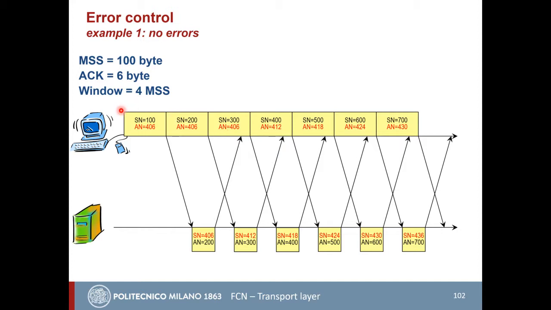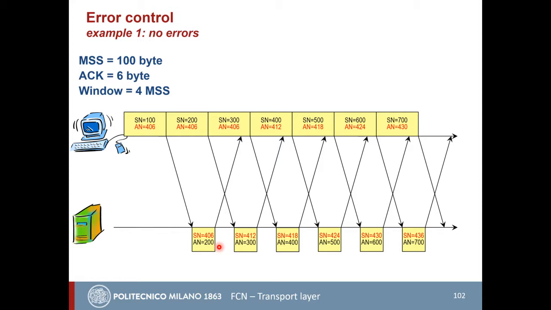So here the window is from 100 to 500 basically. When the first acknowledgement has been received, the window slides on, and so the sender can go on sending bytes, and basically transmission is continuous.